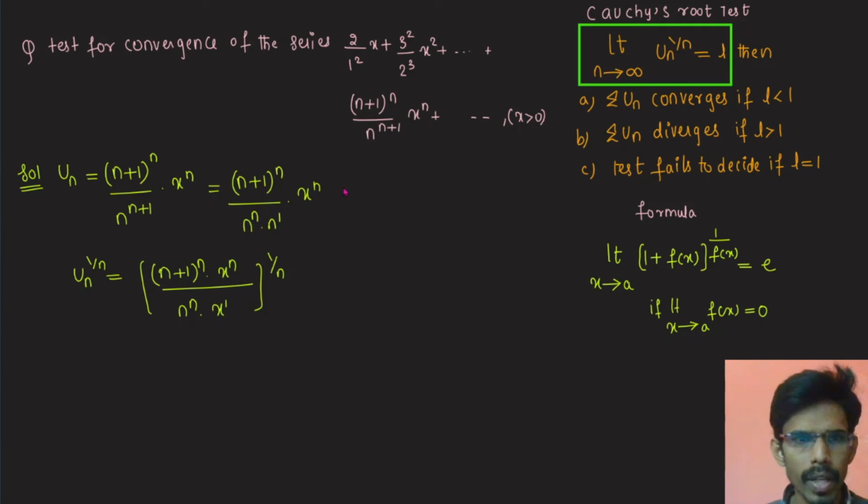So this 1 by n and this will get cancelled, 1 by n with this n cancel, 1 by n power n will cancel. So here we are left with n plus 1 into x upon n into this. Here we have one more n, this one. So let me write down here.